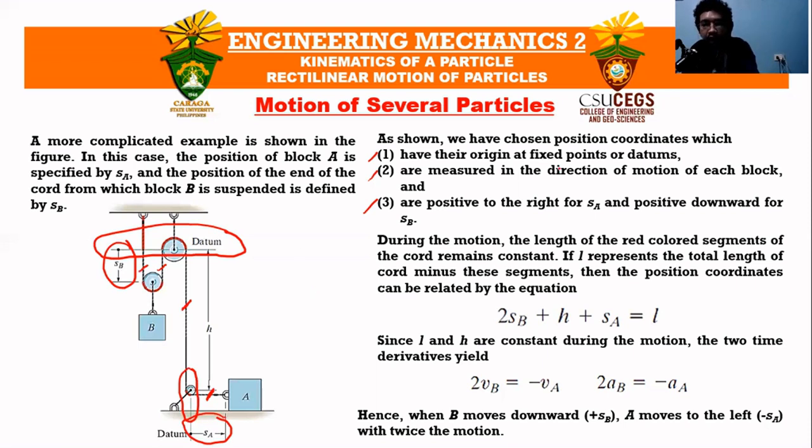That's why the absolute dependent motion analysis of two particles is very common in pulley systems, because the movement of one block is dependent on the other block.